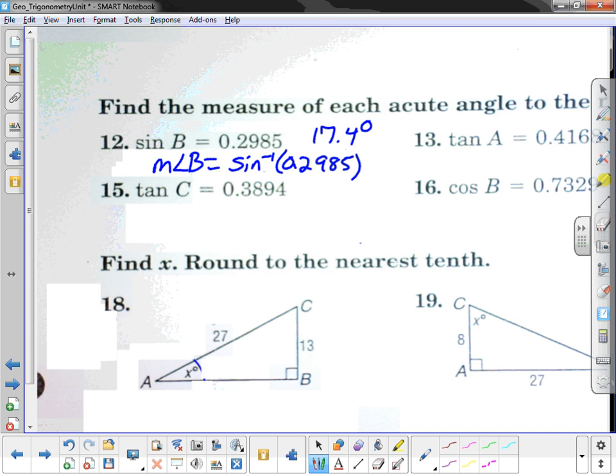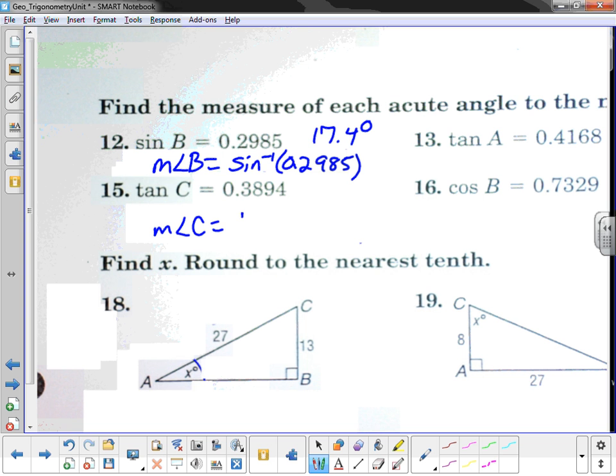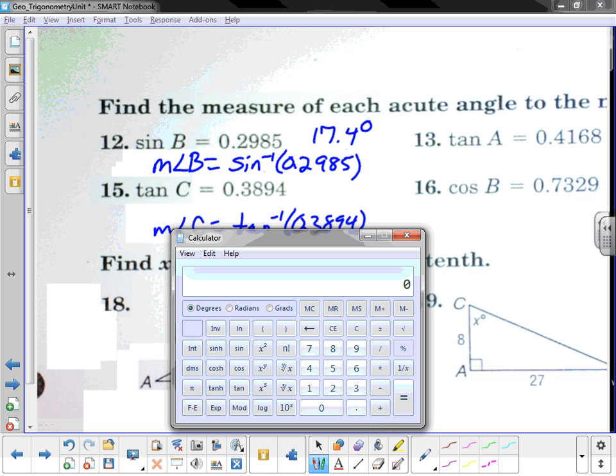In tangent, the measure of angle C is equal to the inverse tangent of 0.3894. On the calculator, I put in 0.3894, hit second, tan. It tells me 21.2759, so to the nearest tenth, 21.3 degrees.